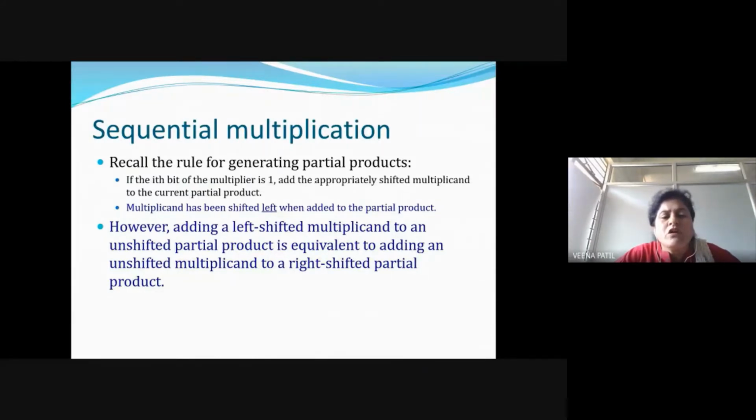Now first of all, recall that the rule for generating partial product was that if the ith bit of the multiplier is 1, we just add the appropriate shifted multiplicand to the current partial product. What does it mean?